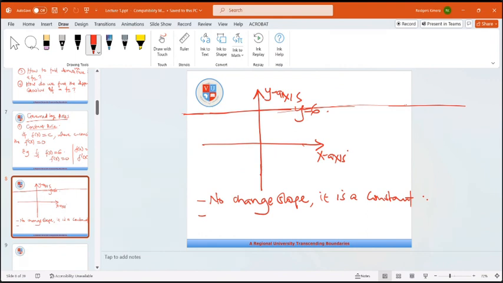So that means that the rate at which the slope of this graph changes is basically zero. There is no change. You can always see that it is a straight line and it will flow wherever it is ending, depending on the values on the x-axis.